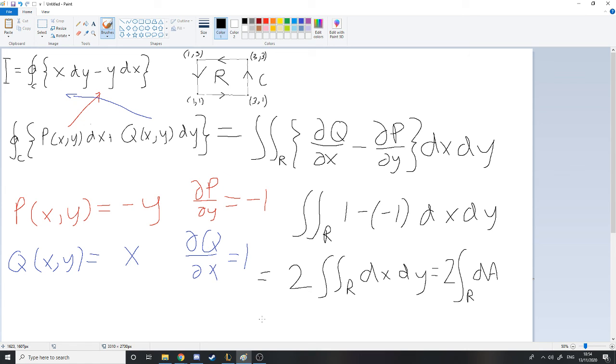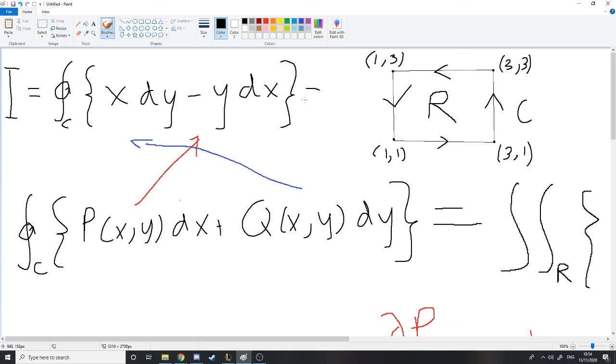So the actual answer is nothing but 2 multiplied by the area of the square, which is just the square of side length 2, so the area is just 4. And that means that our line integral is just equal to 8. Let me write that here, equal 8.